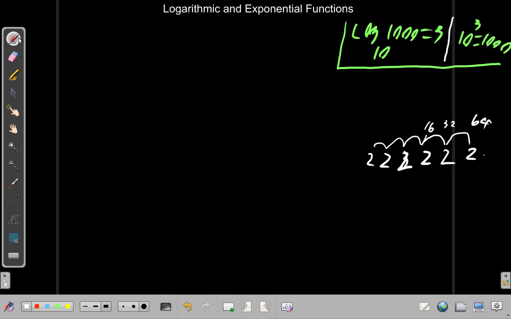I tell you that I have a logarithm and the base of the logarithm is 3.